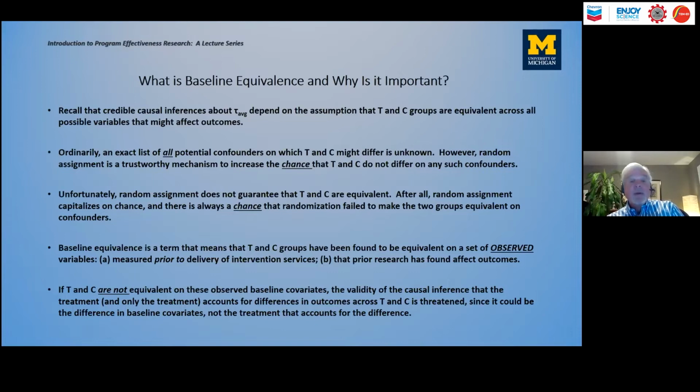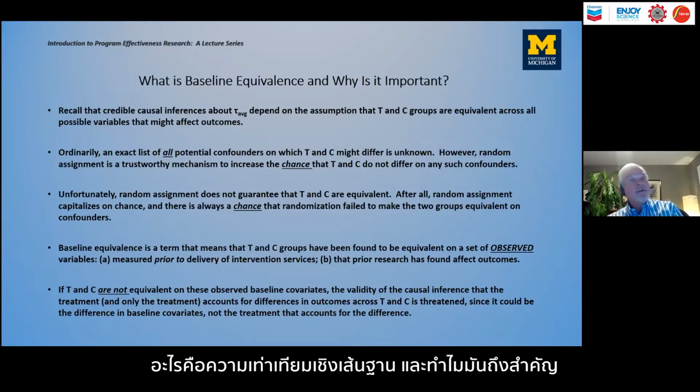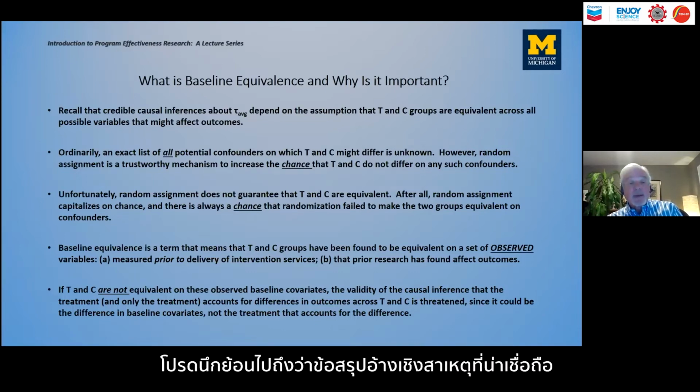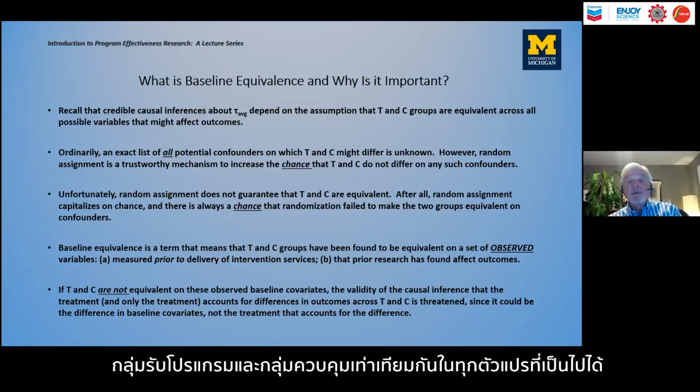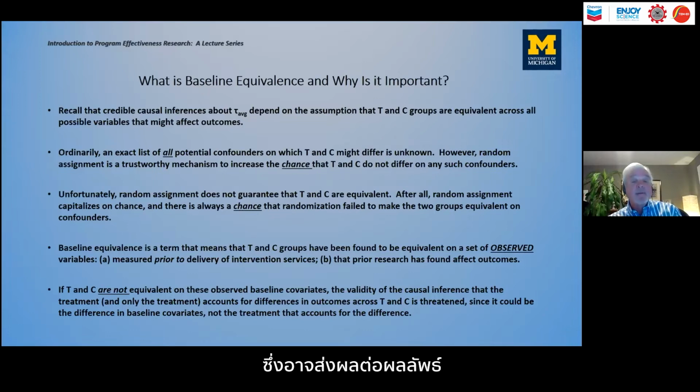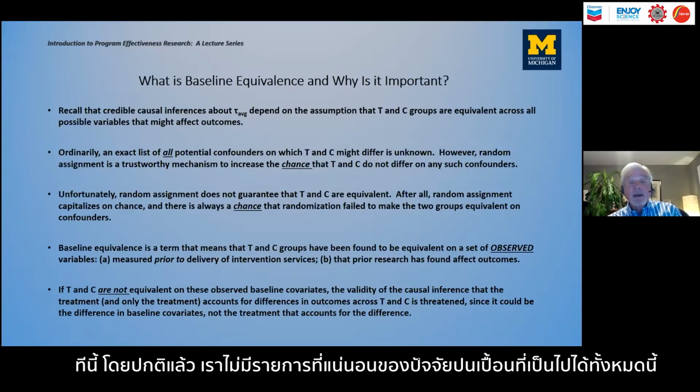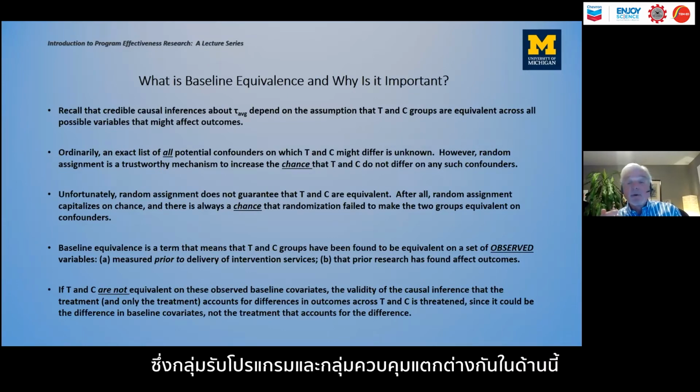So what is baseline equivalence and why is it important? Well, recall that a credible causal inference about tau average depends on the assumption that the treatment and control groups are equivalent across all possible variables that might affect outcomes. Now, ordinarily, we don't have an exact list of all these potential confounders on which treatment and control might differ.